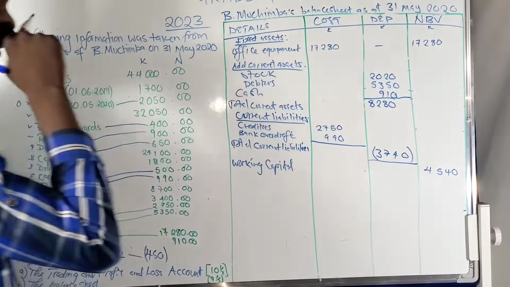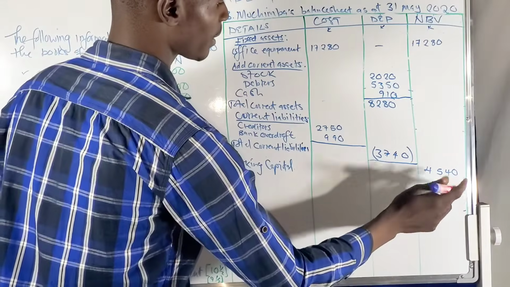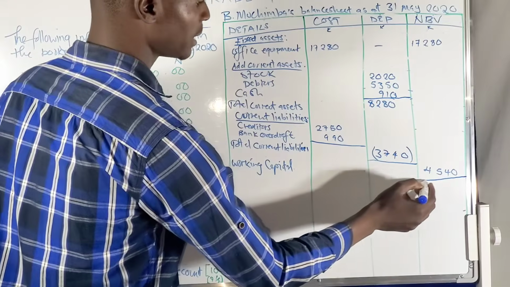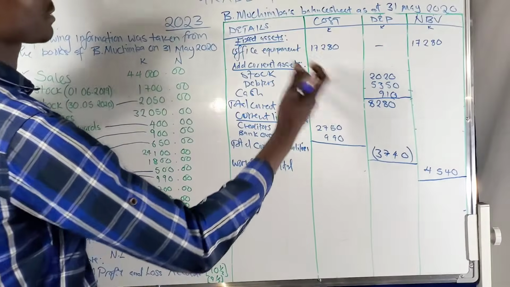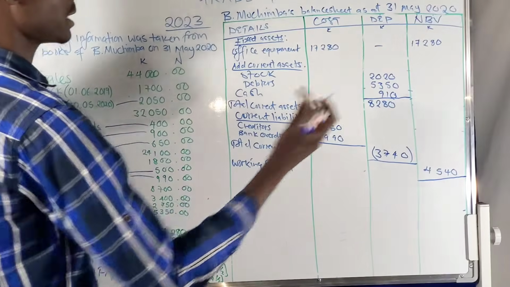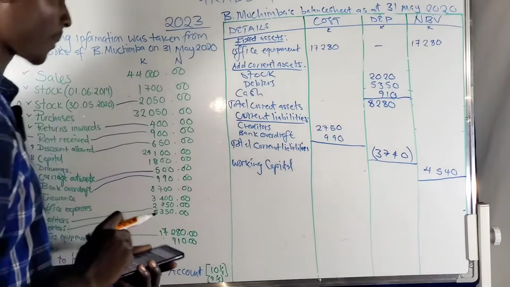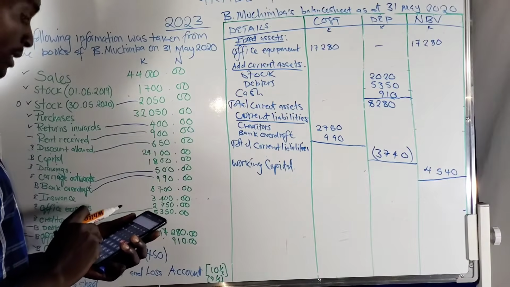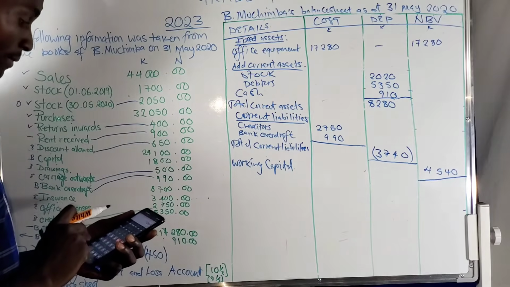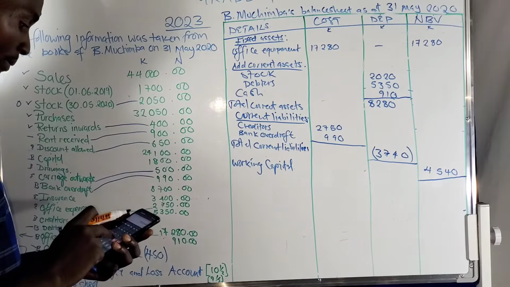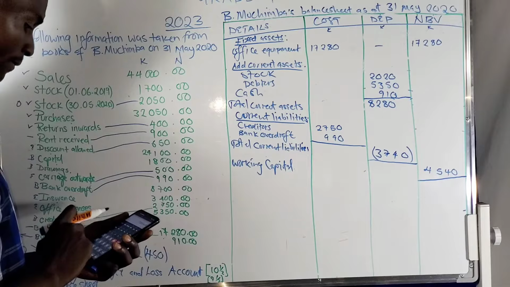Now, when you reach this stage, we are going to add the working capital plus the total fixed assets. In this case, we only have one asset. So we're going to say total fixed assets 17,280 plus 4540.